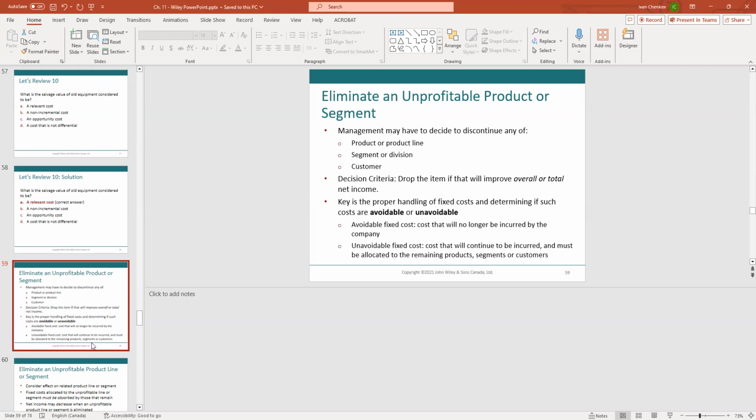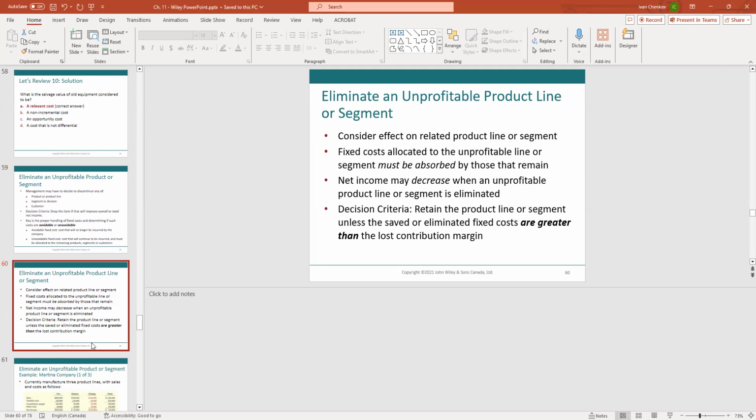Then we go into the fixed cost. How much of the fixed cost can we avoid and how much will stay with the company? The avoidable fixed cost is the one that no longer occurs if we eliminate the product. Unavoidable cost is the one that stays with the company, or is transferred to a different department inside the company.